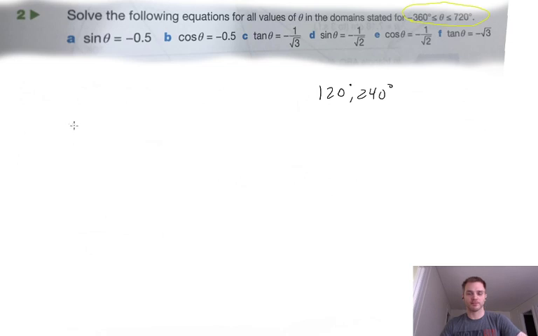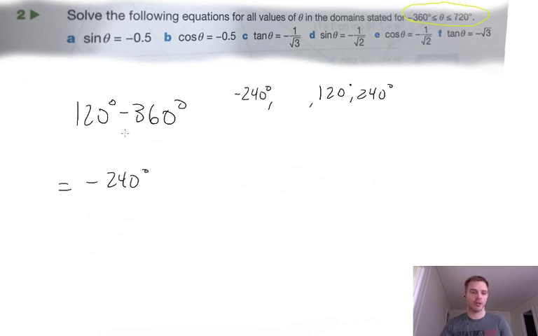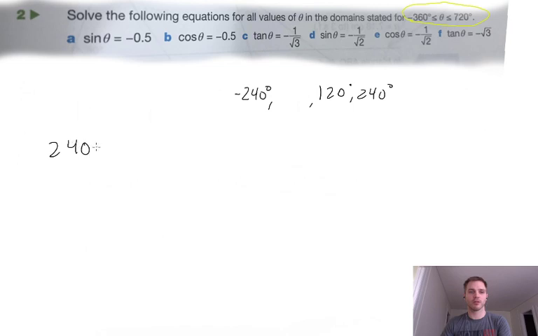The way that we do that is we take 120 degrees minus 360 degrees, and this will be negative 240 degrees. All right, so negative 240 degrees will give us that angle. And then to find the other one, same process. We're going to take 240 minus 360. This is negative 120.